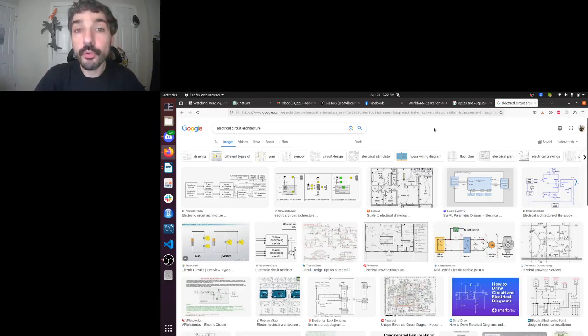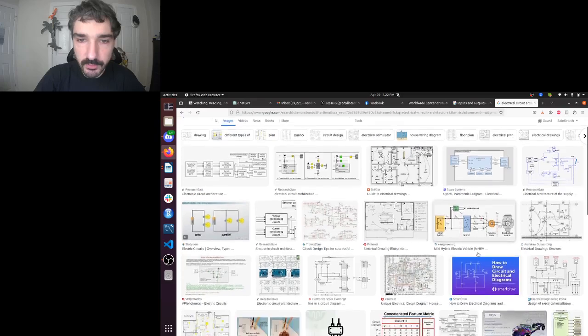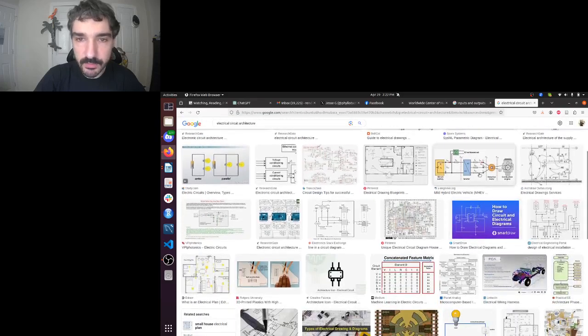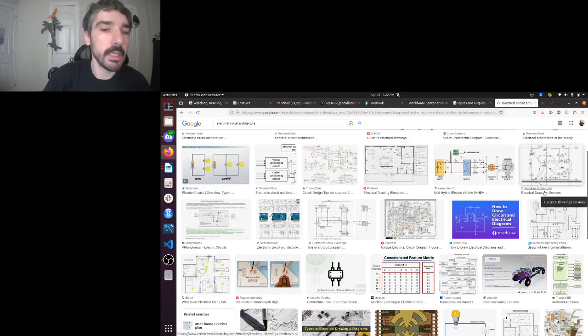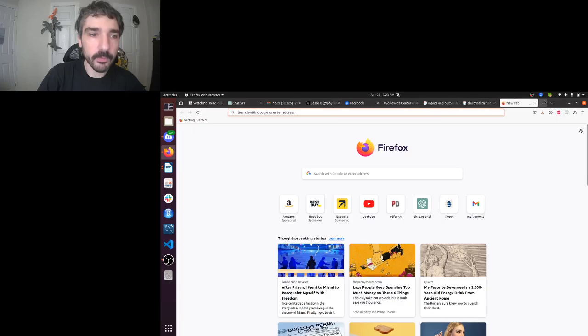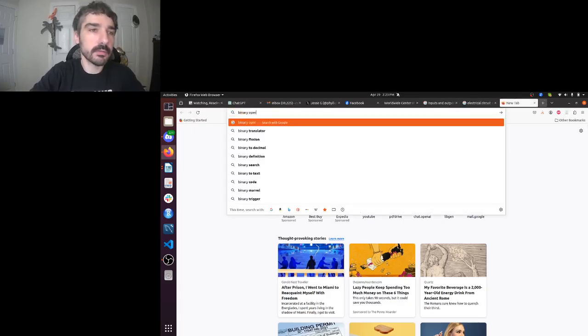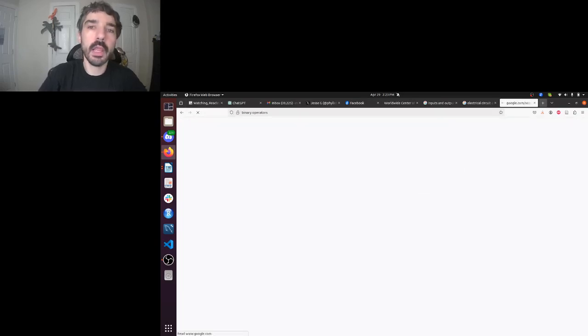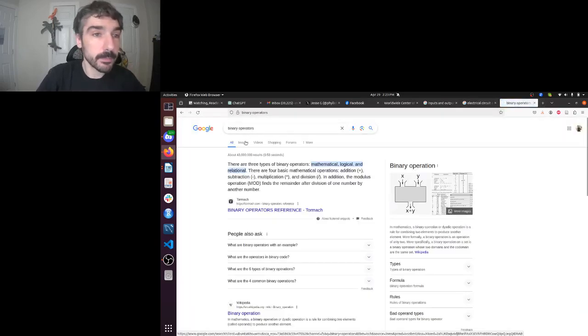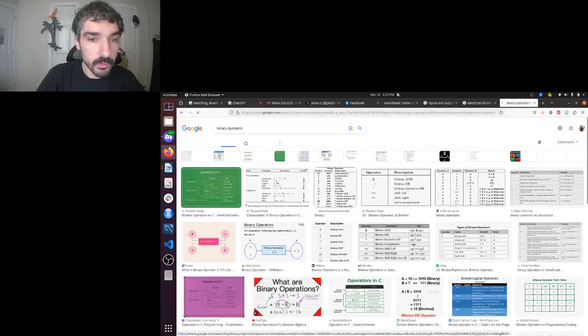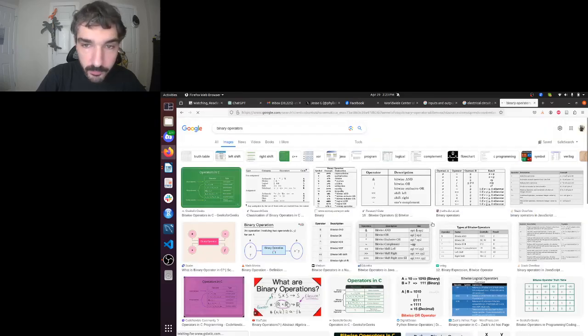So a quick Google search, right? We take a look at how these circuits are constructed. And the way that these circuits are constructed is based off binary operations. So if we take a look, and hopefully we have these binary operations here.